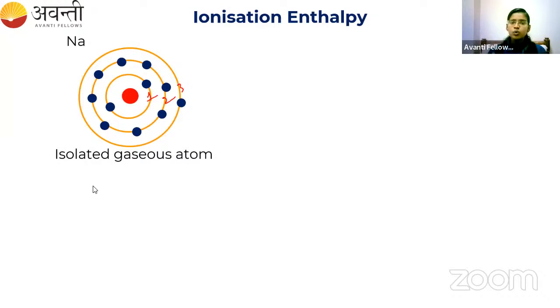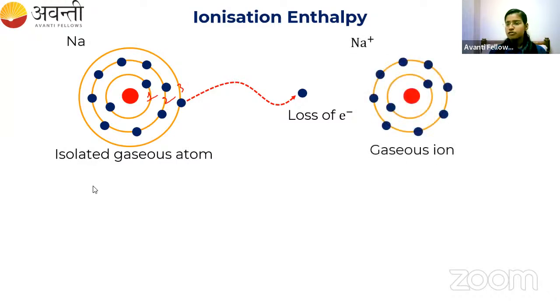If I want to remove the electron which is present in that outermost shell, this loss of electron will lead to this type of configuration for sodium, right? Sodium, after losing 1 electron, will be converted to sodium plus. If you want to take out an electron from an atom, you need to supply some energy, right?